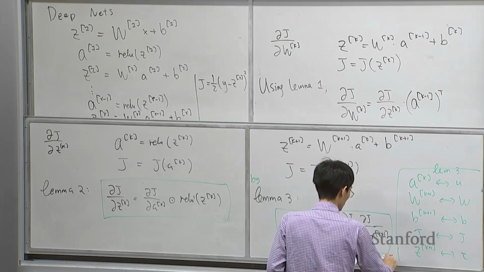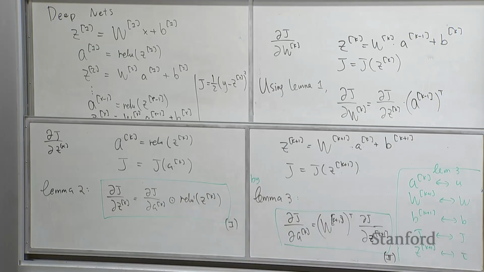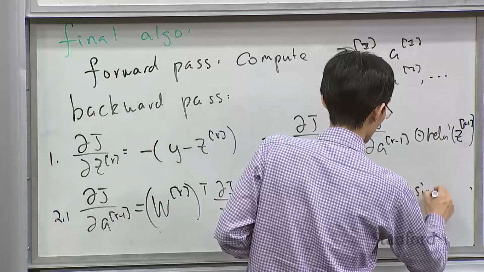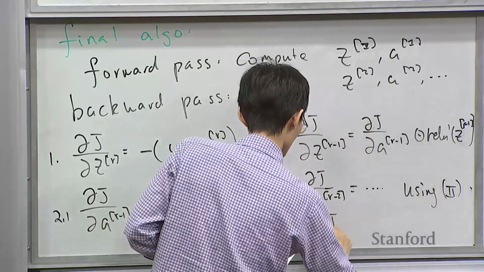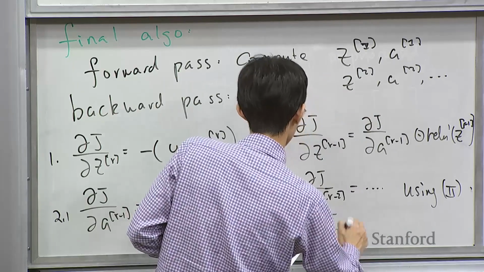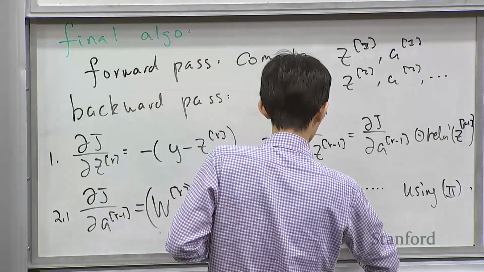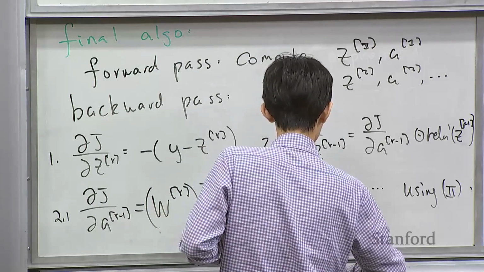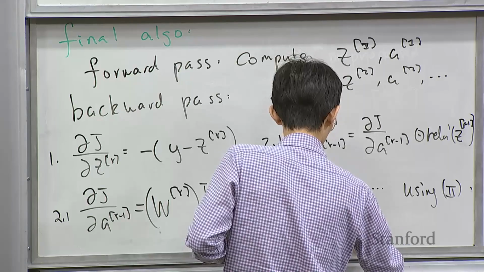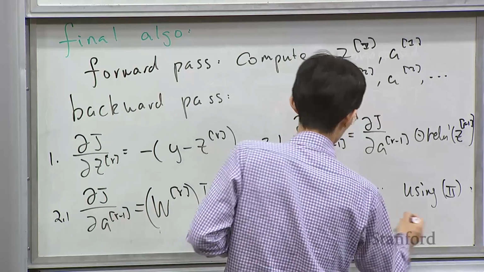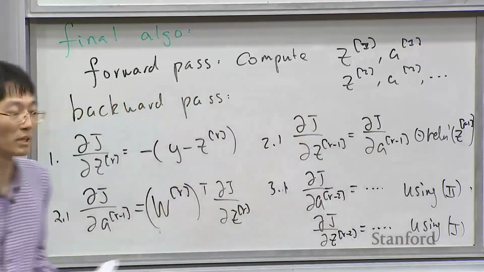Let's call this equation 2 and this one 1. So this is using 2. And then you get the Z version using 1. And you do this repeatedly.